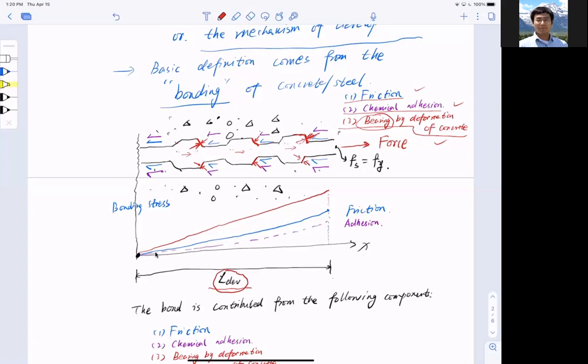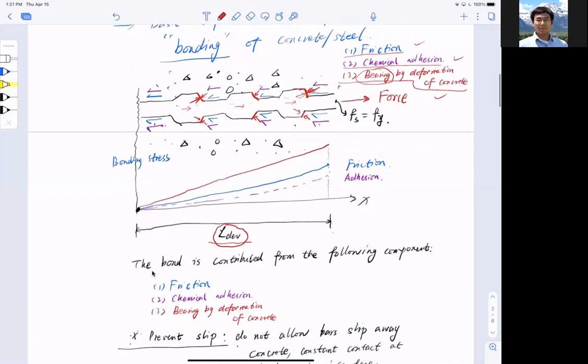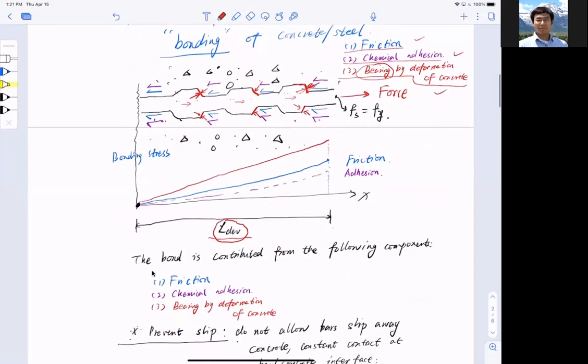So friction, adhesion, and bearing, these three components make up the bonding stresses along the bar. The development length is simply the stress in the bar developing from zero to the yield strength. If I add all these stresses up, they finally reach the yield strength of the bar.